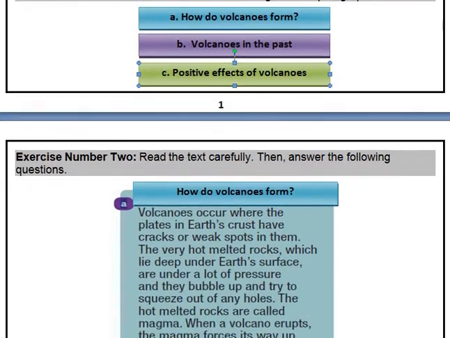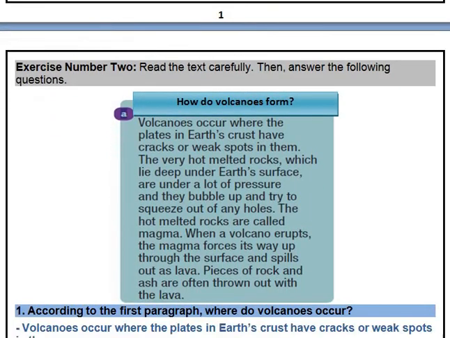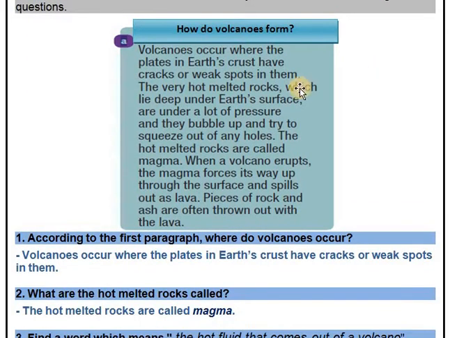Now exercise 2 هو في عندنا إحنا text نص مكون من 3 paragraphs. كل paragraph اللي هما A B C مثل لك كل paragraph لحال وأعطيتك several questions according to each one.